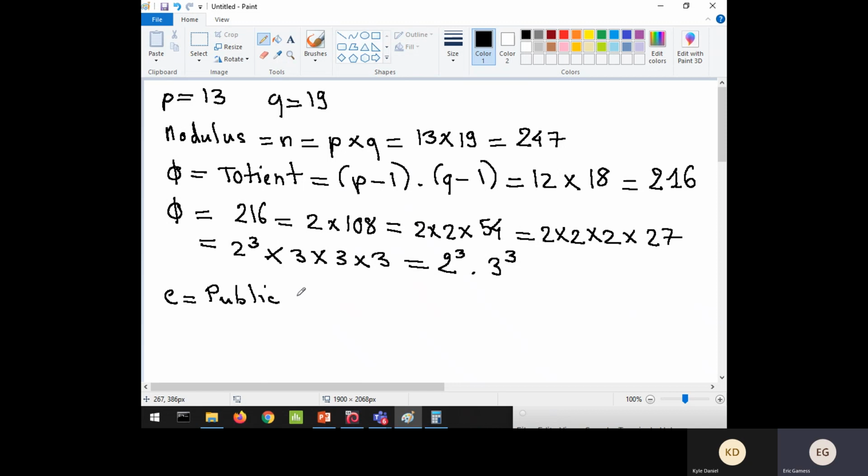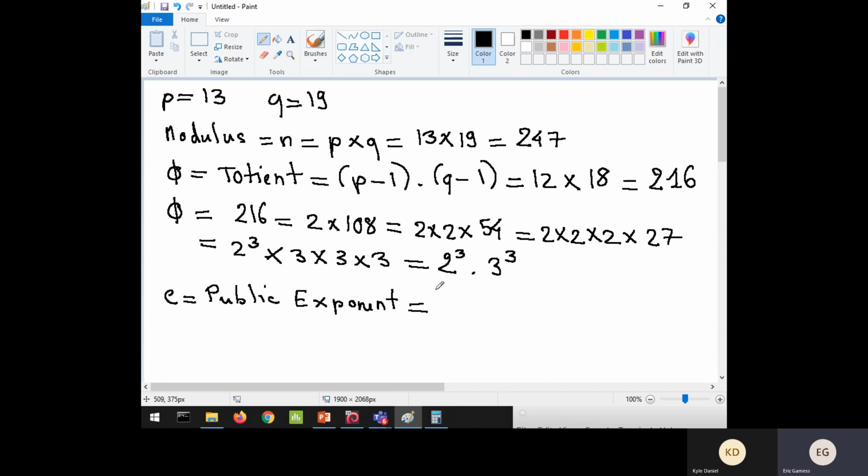So give me an example of the public exponent. Let's see. Can I choose 2 for the public exponent? No, because 2 will divide both. Can I choose 3? No, because 3 will divide both. Can I choose 4? No, because 4 and 2 will divide both. Can I choose 5?